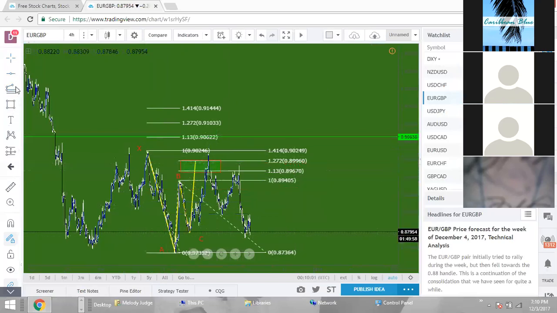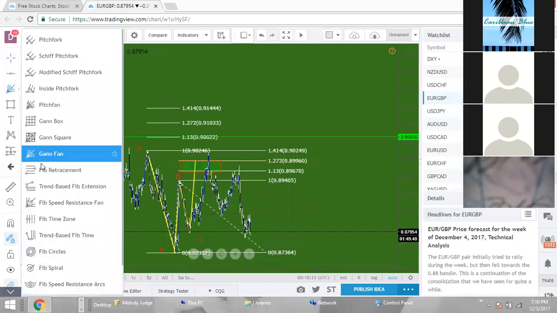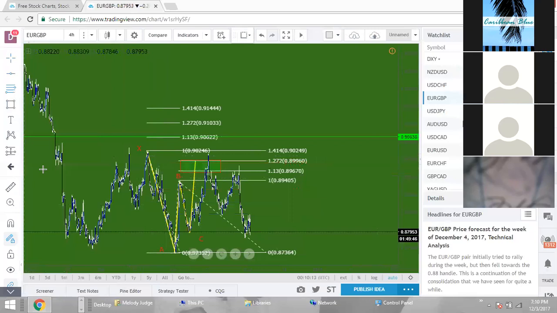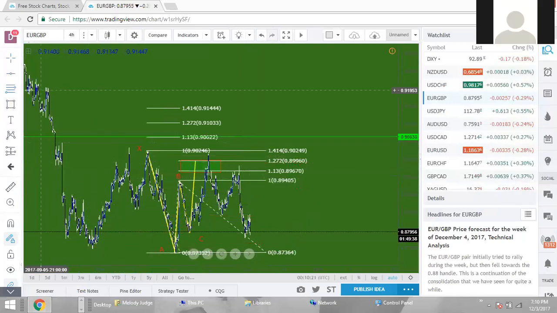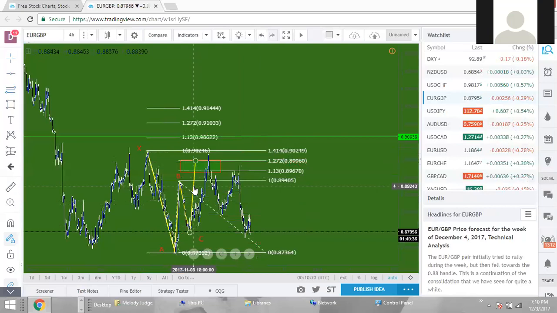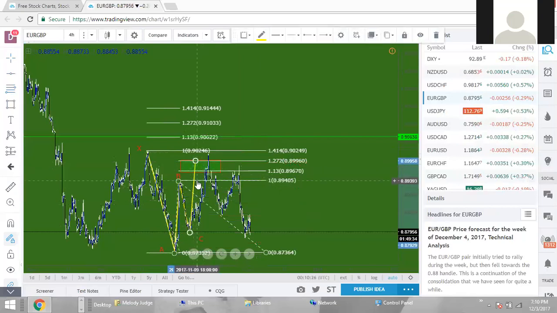Take profits for the Gartley pattern. We're going to use the Fibonacci retracement, and we're going to go from the A to the, whoa, that's not Fibonacci retracement. We're going to go from the A. We're going to go to A from D. Now, before I get ahead of myself, we saw that the market didn't quite make an equal measured move.